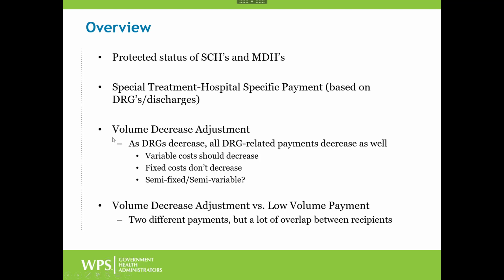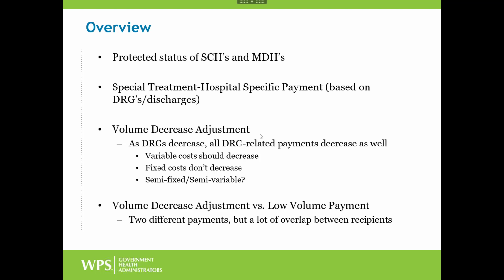There's also something referred to as the volume decrease adjustment, which is the main topic of this video. And this is not intended to be an ongoing type payment like the hospital-specific payment is. Instead, this is to prevent situations where all of a sudden a volume decrease takes place, so the discharges, the DRGs decline significantly, and as a result, all of those DRG related payments decrease as well.